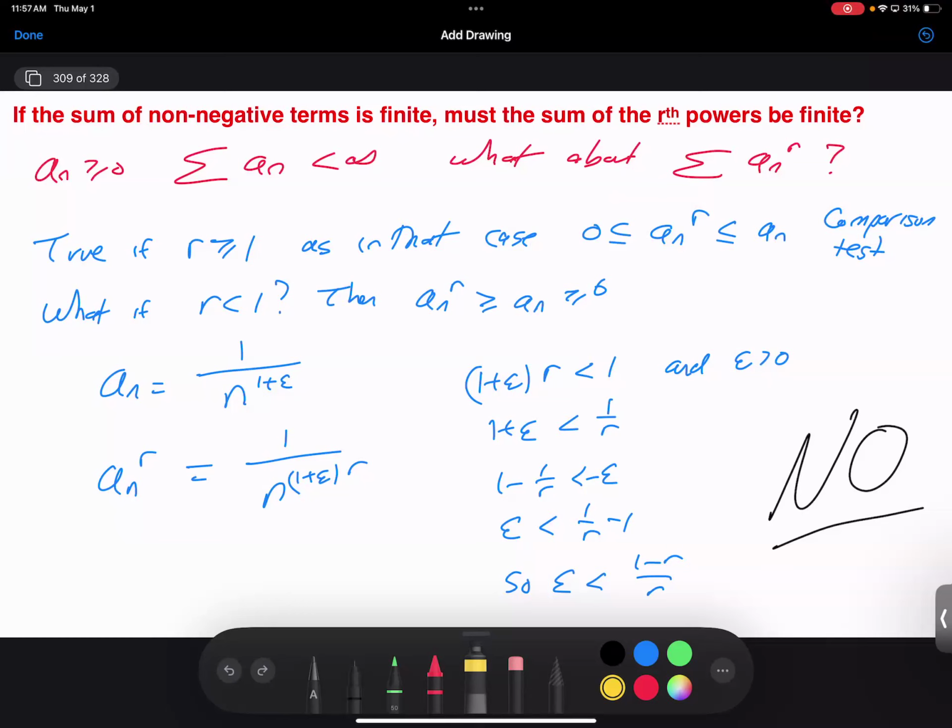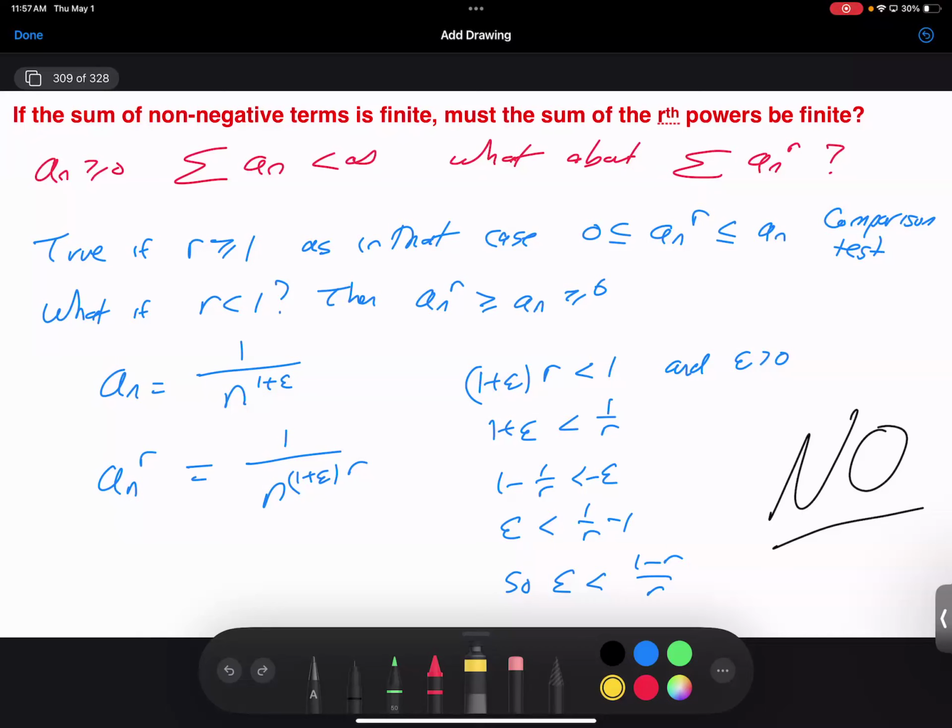Now, if I gave you a better series, 1 over n to the 50, then if I was really small, it's still going to converge when I raise it to the nth power. But I can have something that's just barely converging. And so now when I raise it by the nth power, now I'm in trouble. So it's really good to internalize these counterexamples.